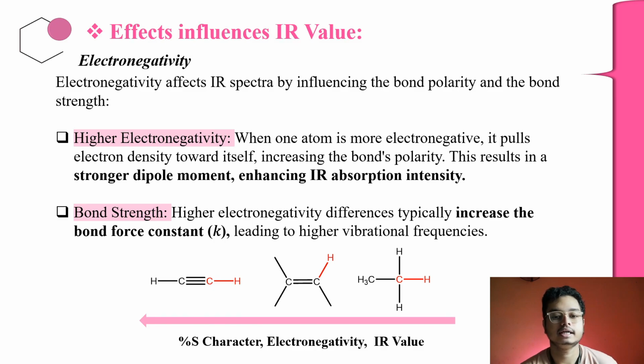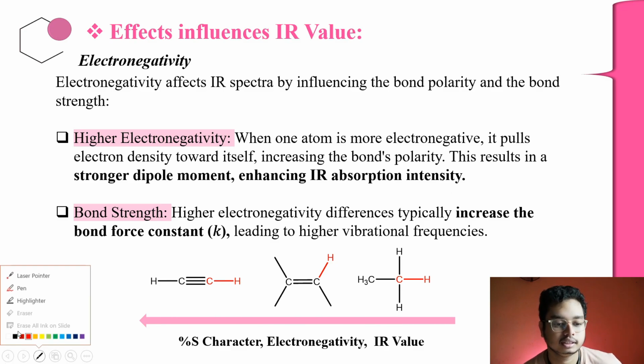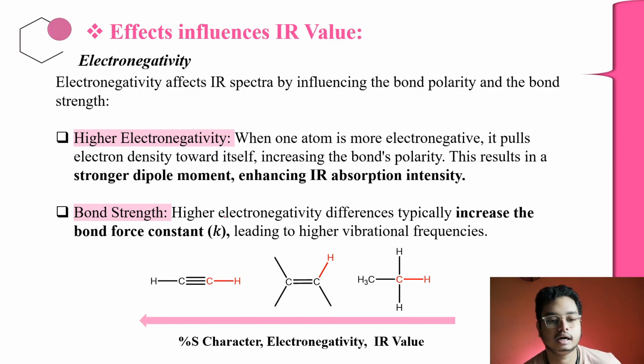If one atom is more electronegative, it pulls the electron density towards itself, which increases the bond polarity, and this results in a stronger dipole moment, which enhances the IR absorption intensity. Similarly, when the electronegativity differs, it increases the force constant, which leads to a higher vibrational frequency.